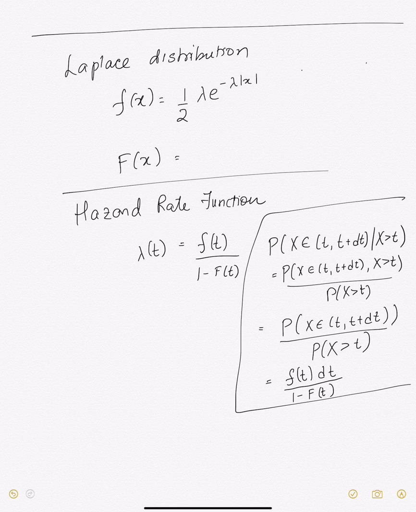All right. So therefore you have the hazard rate function. It measures the conditional probability intensity that a t-year-old item will die.